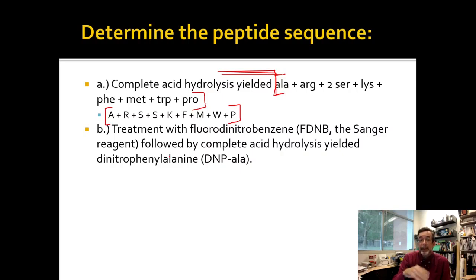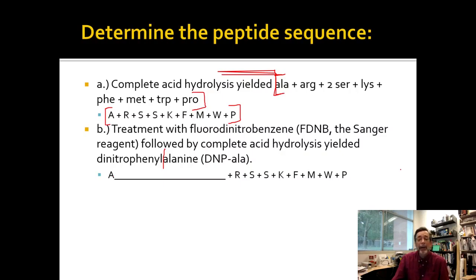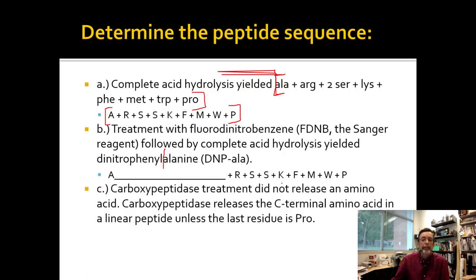So that means that it's dinitrophenylalanine. I can draw the little line right there. That means I know that my first residue in my sequence, my N-terminal residue, is A, and I don't know anything else. So I'm going to keep those as pluses, and I'll write that down. Partial credit for just figuring this out.